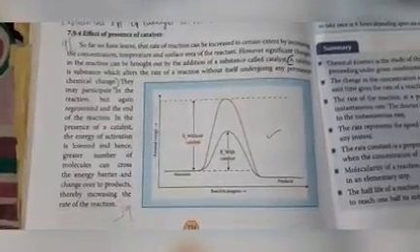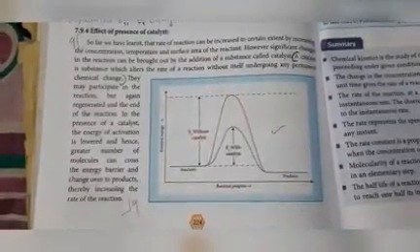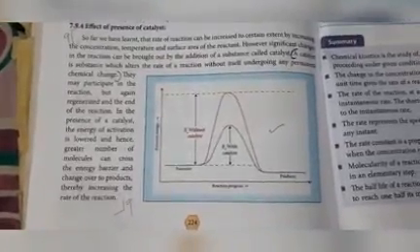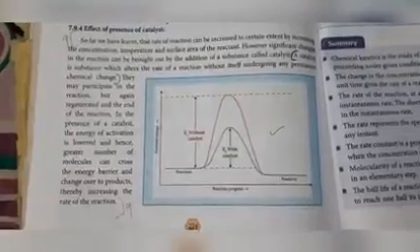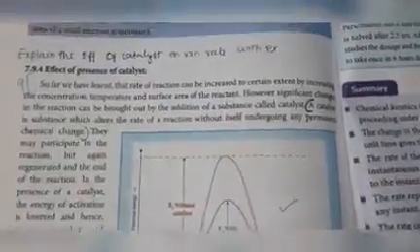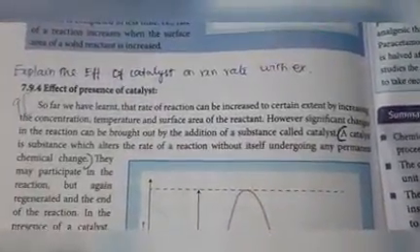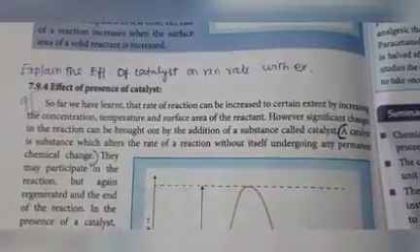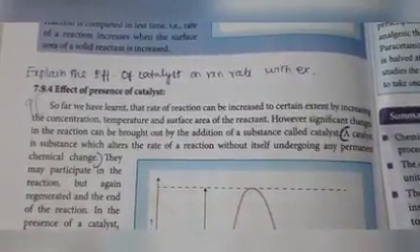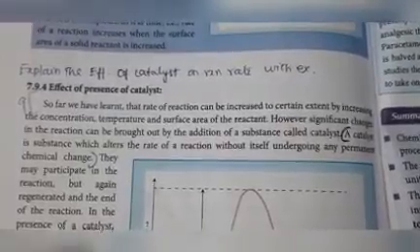Next factor is the effect of presence of a catalyst. So far we have learned that the rate of the reaction can be increased to a certain extent by increasing the concentration. If you increase the concentration, the rate of the reaction increases.